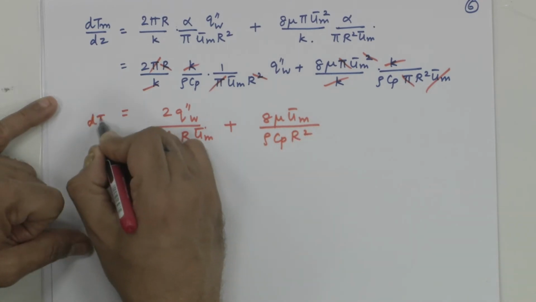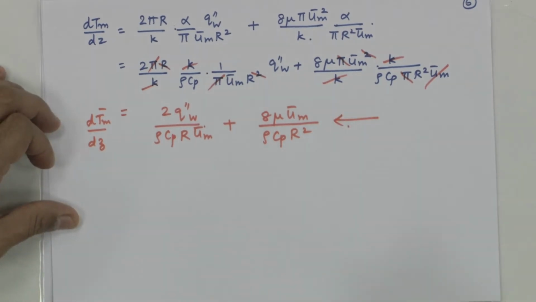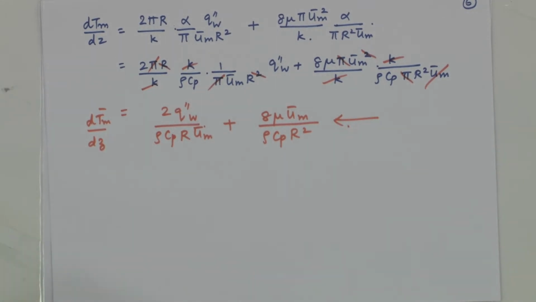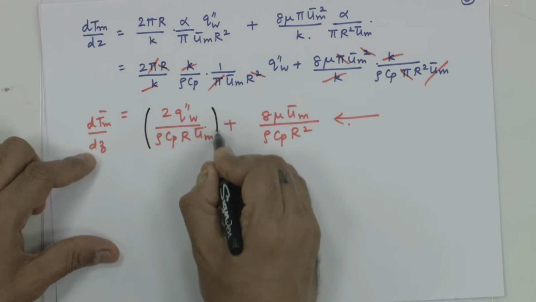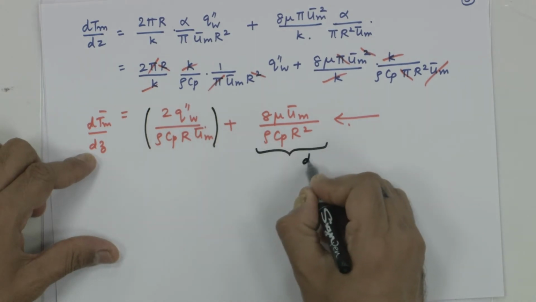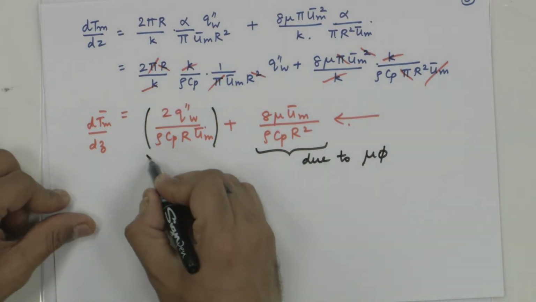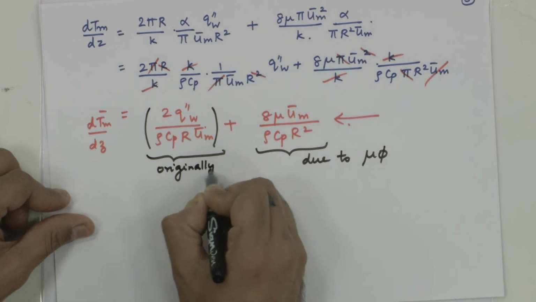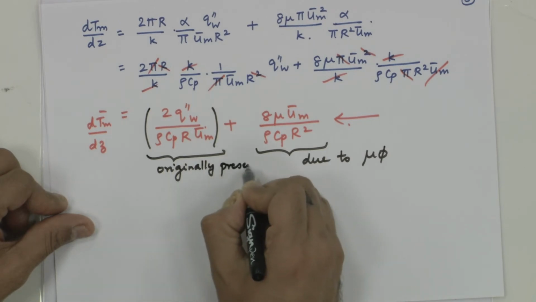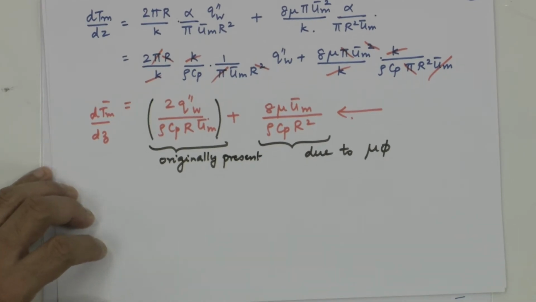This is my dTm by dz. This is my ordinary differential equation for the temperature variation. We had only this term before. This term is due to viscous dissipation. This term was originally there. This is the additional term that we have got, and now the procedure is identical.